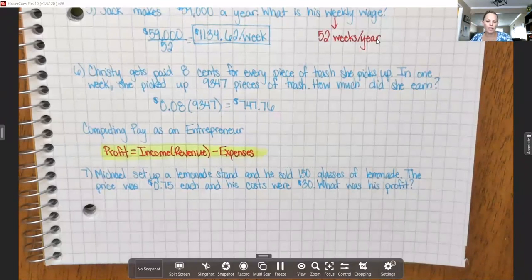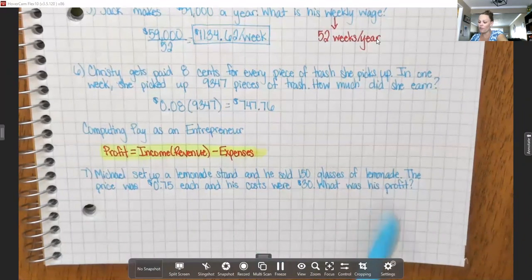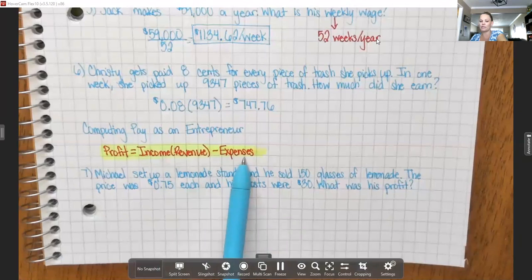So he set up a lemonade stand where he sold 150 glasses of lemonade and they were 75 cents each. His costs to maybe buy the cups, the lemonade, whatever he needs were $30. So we need to get his profit. So to get his profit, we need to do the income minus the expenses.